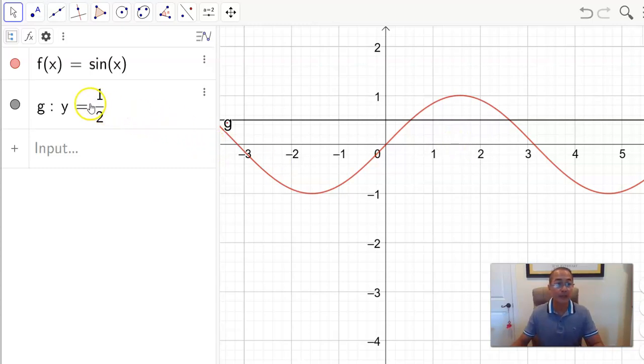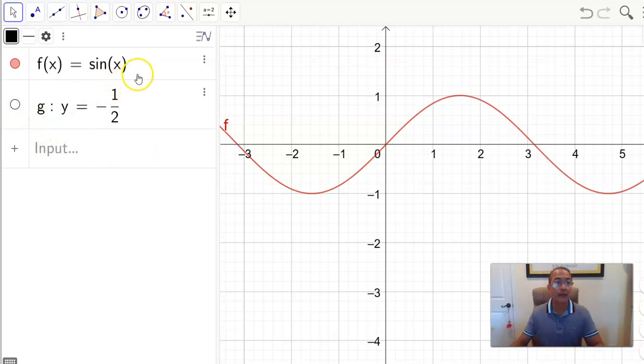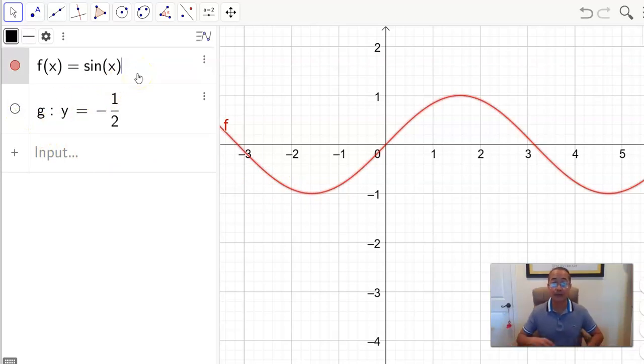Similarly, if we don't want to hit more than 1 point with this horizontal line at -1/2, then it looks like we have to erase all the parts of the graph to the left of this minimum, which is -pi over 2. To do that, we can specify the domain of our function by including an interval.